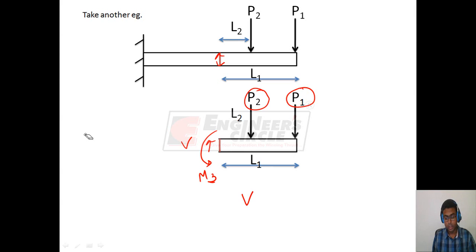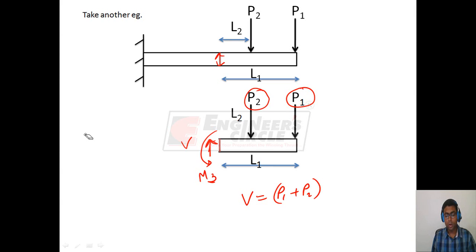This V, that is shear force on this cross section, must be equal to P1 plus P2, but must be acting opposite to P1 and P2. That is, it is acting in upwards direction.